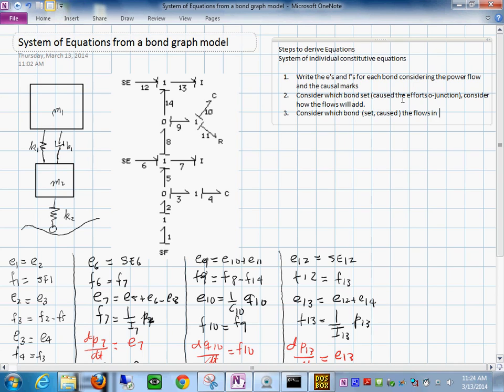In one junctions, consider how the flow will add, and also consider how the efforts add.